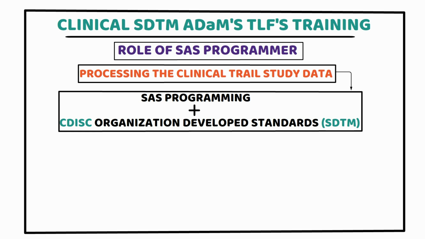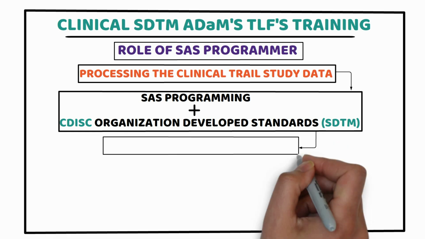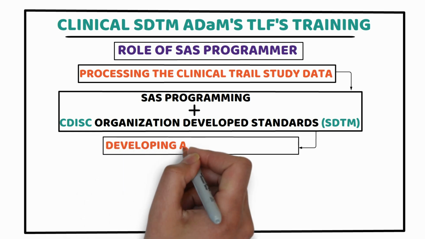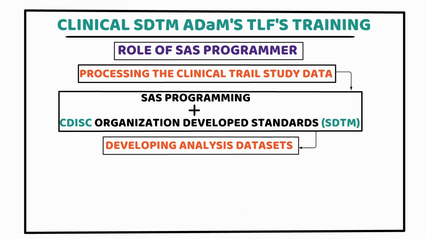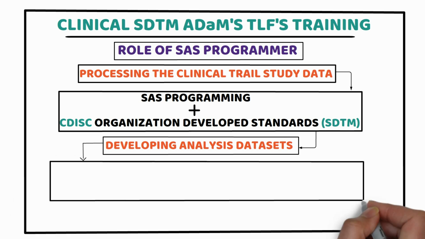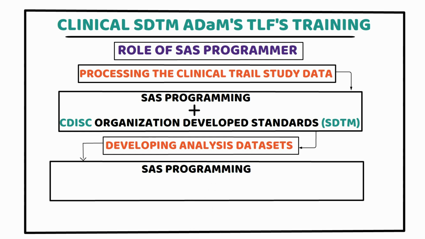In order to do that analysis work, we need to develop analysis data sets. Those analysis data sets should be developed again using SAS programming and following one of the standards developed by the CDISC organization, called ADaMs.